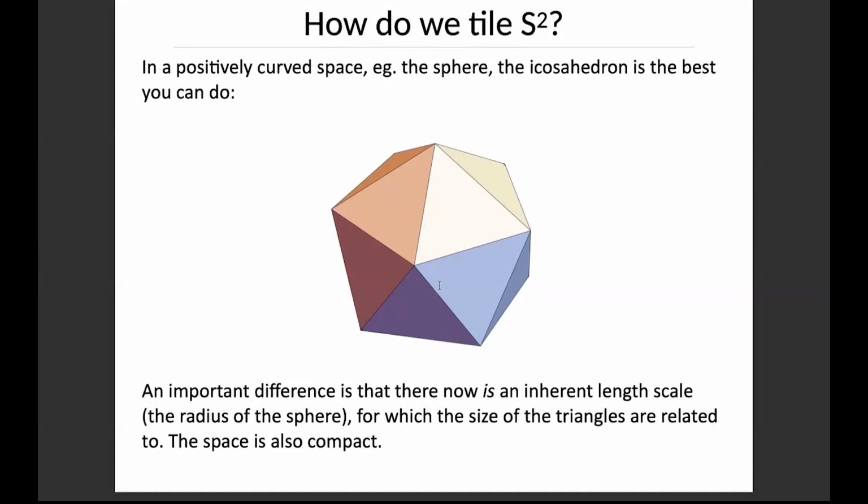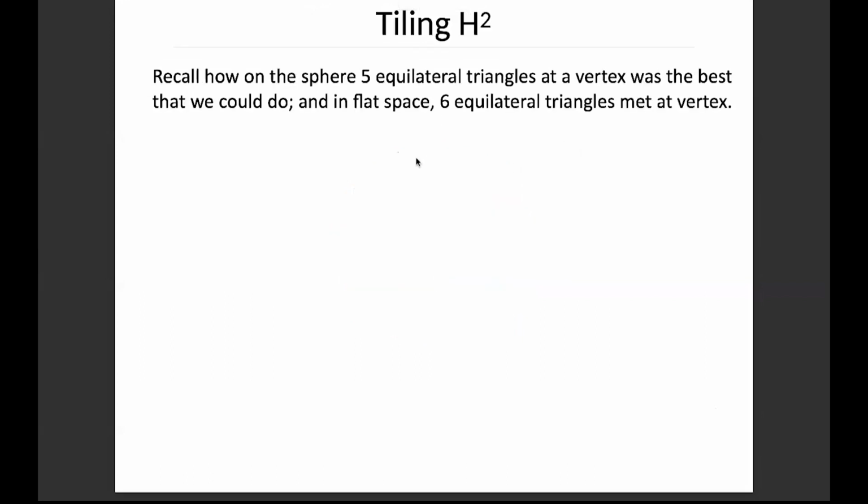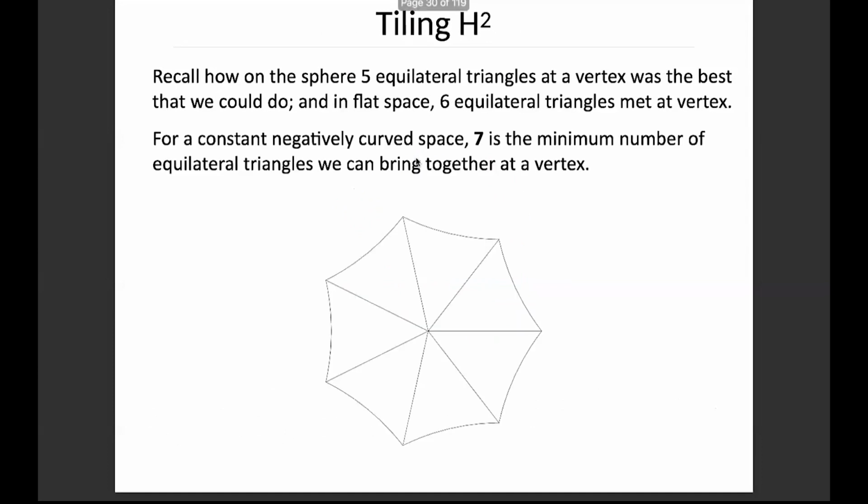So the best here is 5 at a point. And then in flat space, when we were dealing with the triangular lattice, we had 6 equilateral triangles meet at a vertex. So perhaps unsurprisingly, for a constant negatively curved space, such as this two-dimensional AdS space that we're trying to tessellate, 7 is the minimum number of equilateral triangles that we can bring together at a vertex.